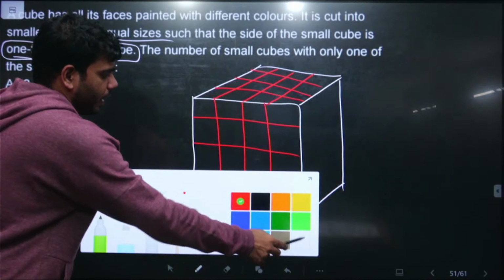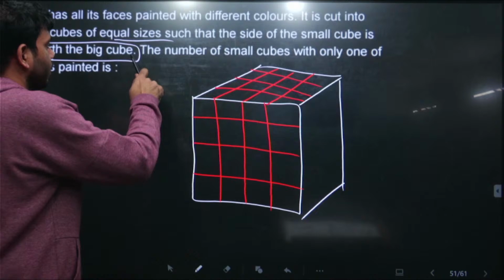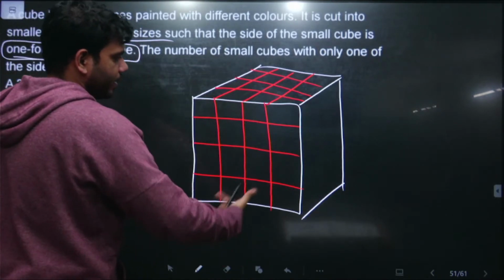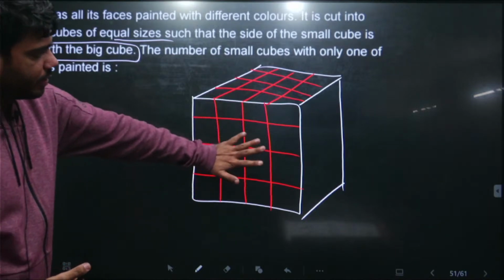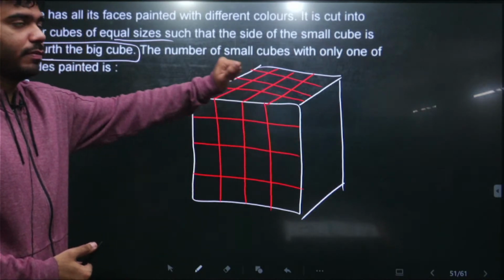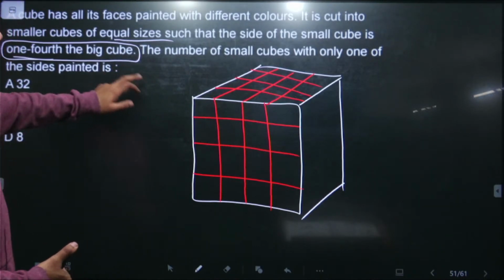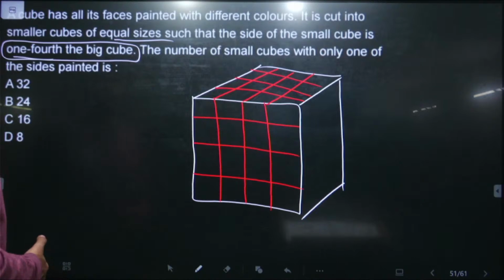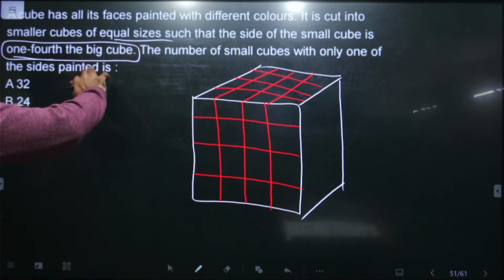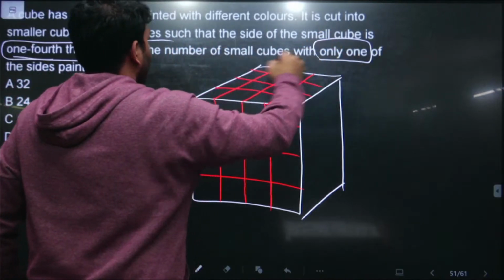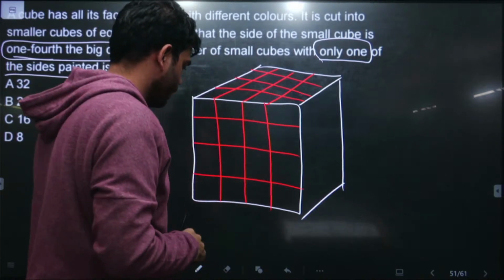These are the cuts of the knife through which the larger cube has been cut into smaller cubes with the side length as 1/4 of this larger cube. Right, इस तरह बना दिया. Then the outer faces, the complete 6 faces of the larger cube, have been painted. Now we need to find how many smaller cubes will be there with only one of the sides being painted. एक साइड पेंट किया हुआ, how many smaller cubes will be there.